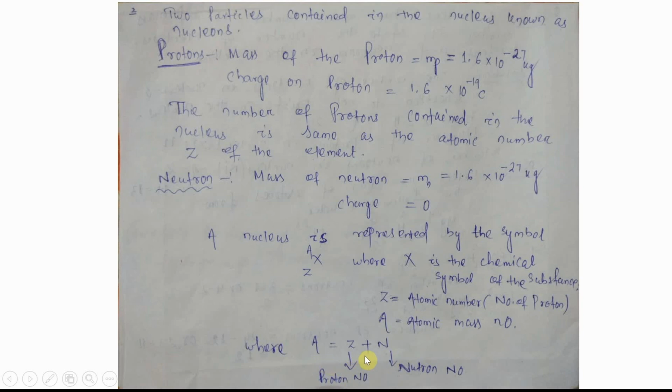The atomic mass number is nothing but the sum of the proton number plus the neutron number.